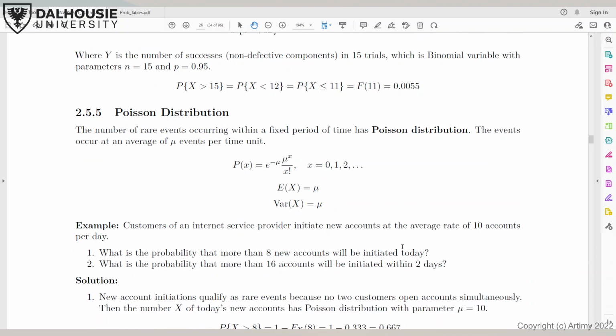Okay, so we'll move on to the next one, a different distribution, which is Poisson. Poisson is also one of those very common distributions that has a lot of applications in communication. One example is that it can represent the number of packets received by a router in a specific time.